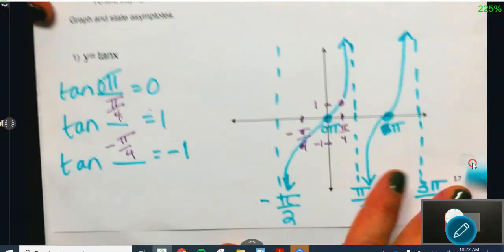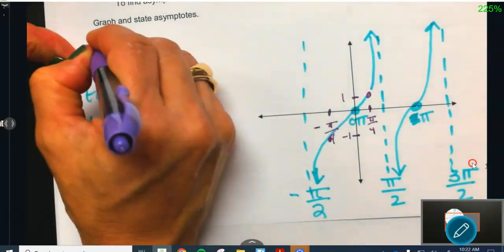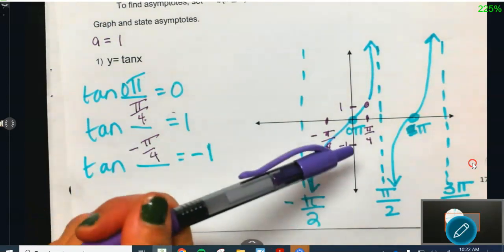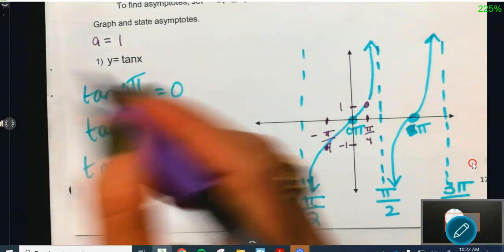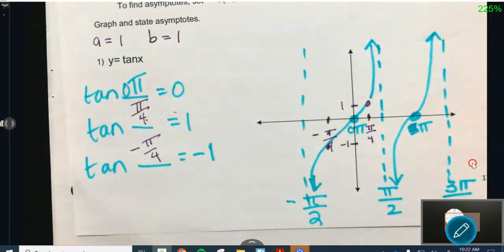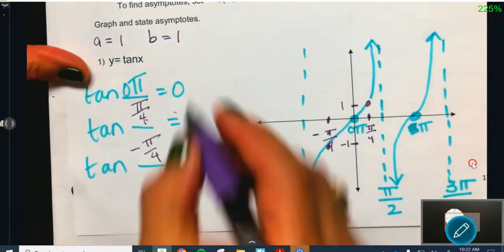So here's the deal. Let's talk about the A value. The A value is just 1. By the way, you can't call that amplitude because only waves have amplitudes. Remember, that's not a wave. Its vertical stretch is 1. Its B value is understood to be 1. It doesn't have an HK.